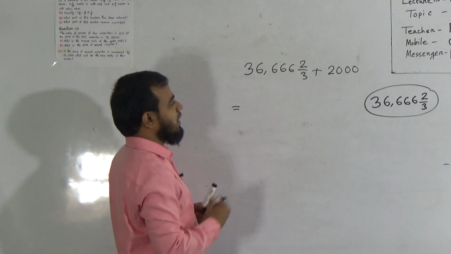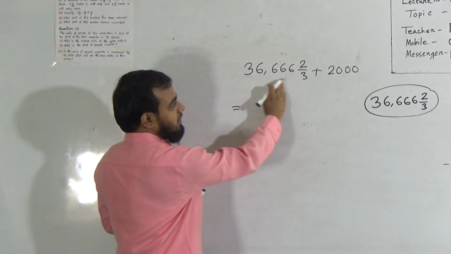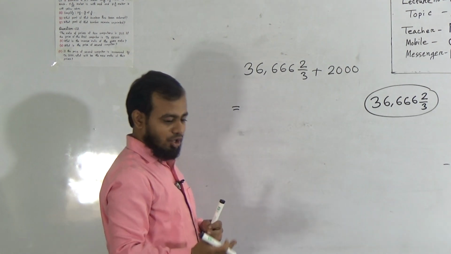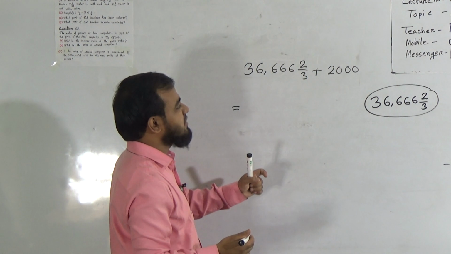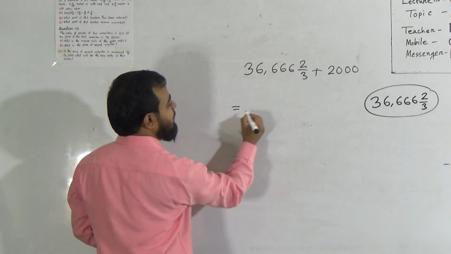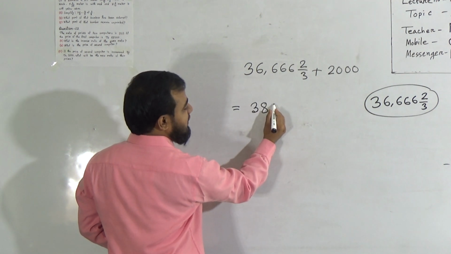First of all you have to convert this into an improper fraction, then you have to add it. The addition will be an improper fraction also, and after that you have to convert that improper fraction into a mixed fraction.